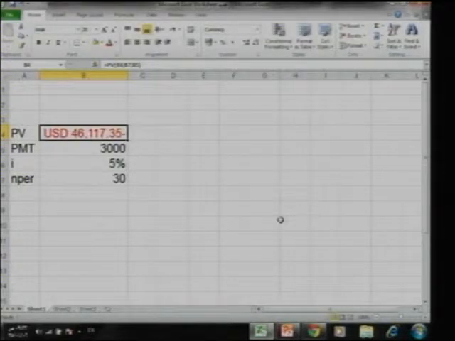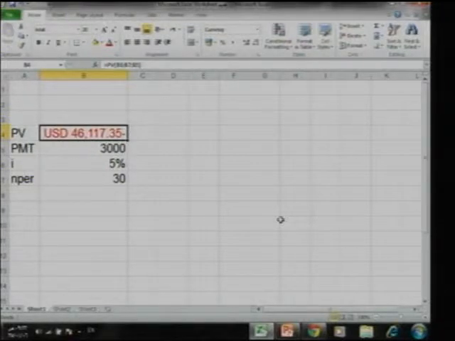So we have 46,117. How many students got the answer? Yes, this is excellent. And what about the others? They tried. Okay. Try to train yourself. So these are the formulas. Try to picture this formula.